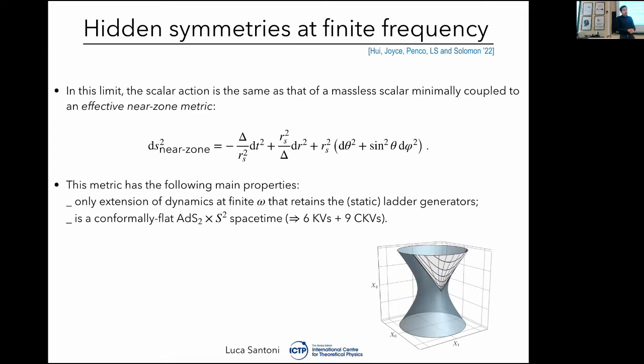But that's a good question. It would be very interesting if there is any connection, in the Kerr case, between these symmetries and the Killing tensor, but I don't know. I didn't think about that.